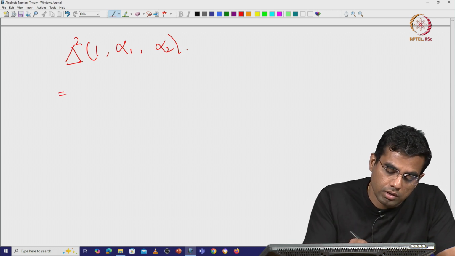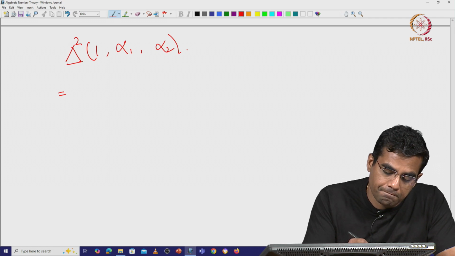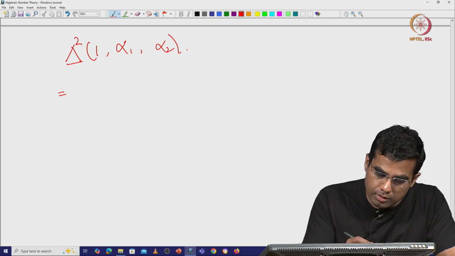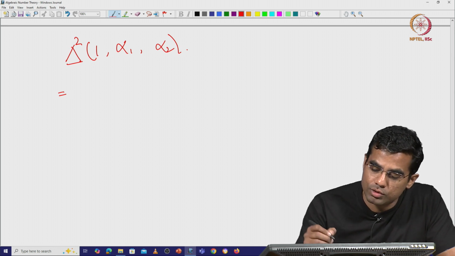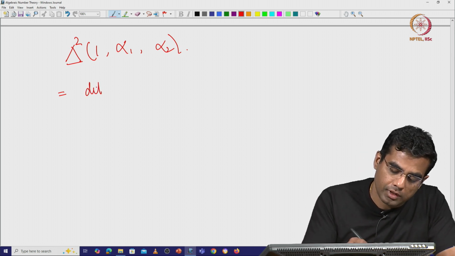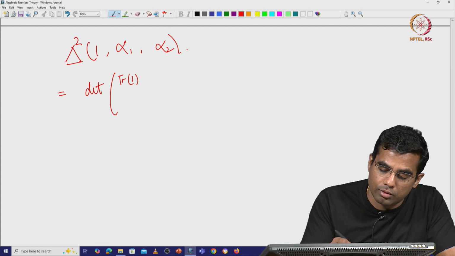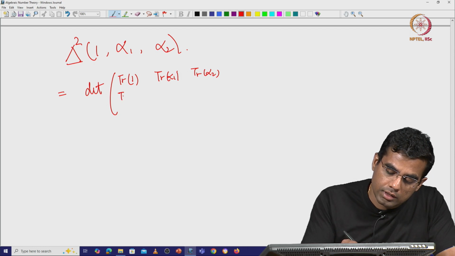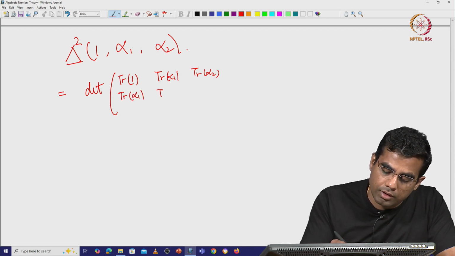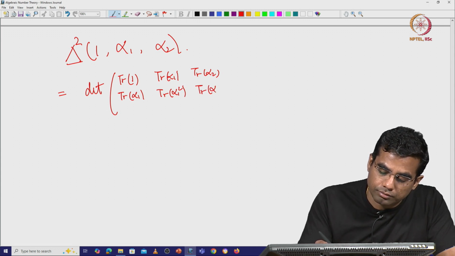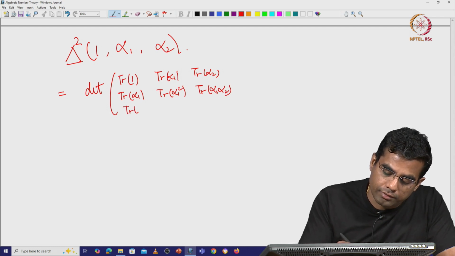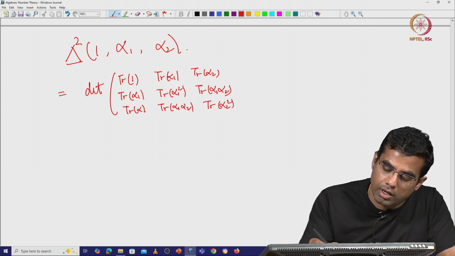This is equal to the determinant of the trace matrix, where the trace is from K to Q: trace of 1, trace of alpha 1, trace of alpha 2, trace of alpha 1, trace of alpha 1 squared, trace of alpha 1 times alpha 2, trace of alpha 2, trace of alpha 1 times alpha 2, and trace of alpha 2 squared.